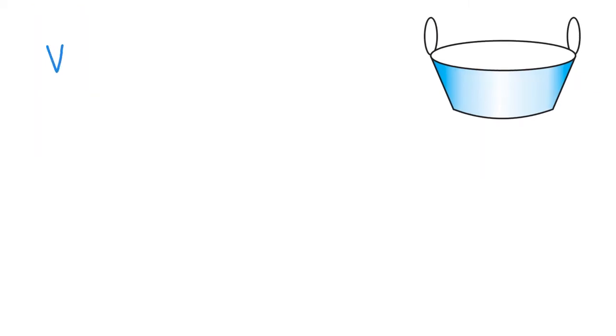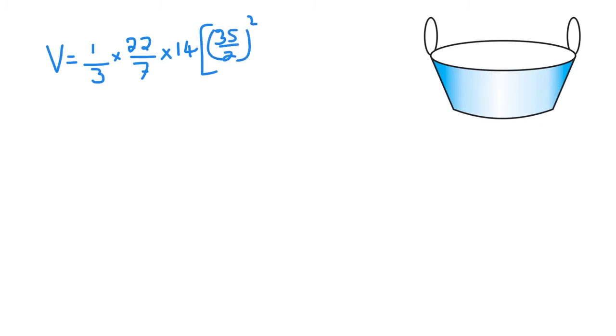So, our volume is going to be 1 over 3 times pi, which is 22 over 7, times height, which is 14, times R1 squared. The diameter is given as 35, so the radius will be 35 over 2 squared, plus R2 squared.